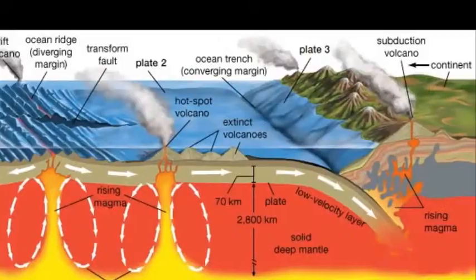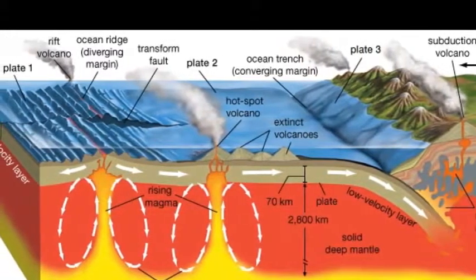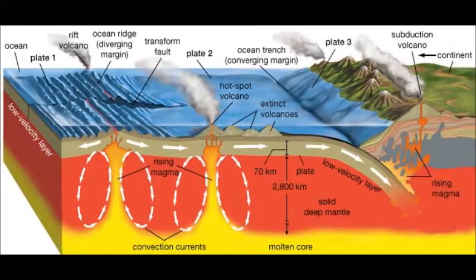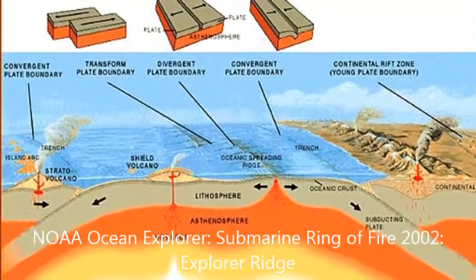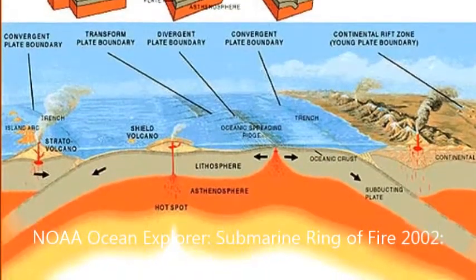The less dense, hotter areas of molten rock move towards the surface by high temperatures from below. It cools and sinks down again due to convection currents. This process takes millions of years.